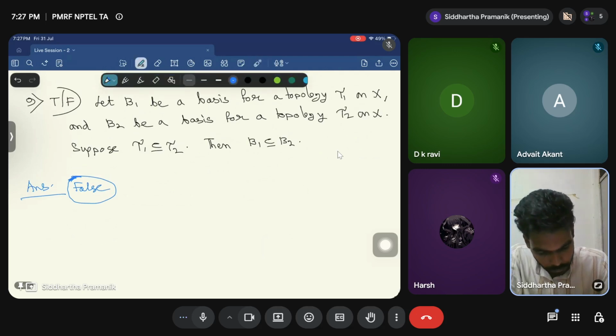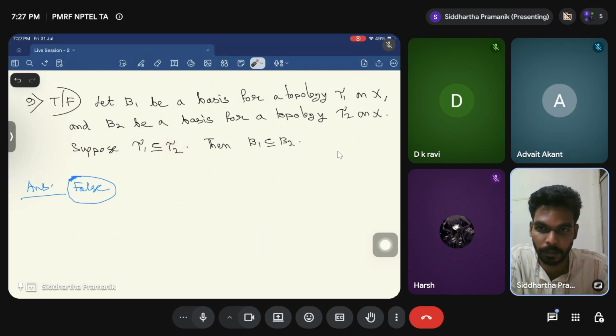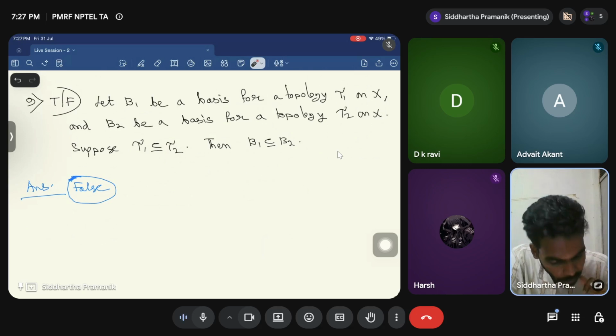So this statement is false. One simple example: you can take tau2 to be the discrete topology, right? The discrete topology is the largest among all topologies, and for the discrete topology, one basis is the singleton sets.